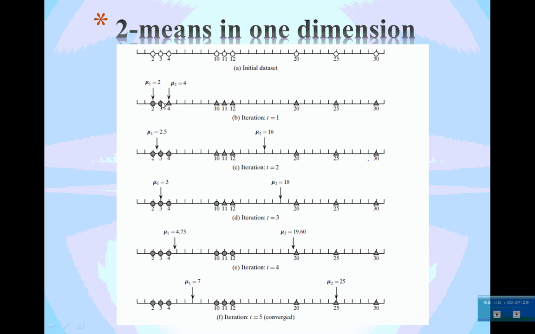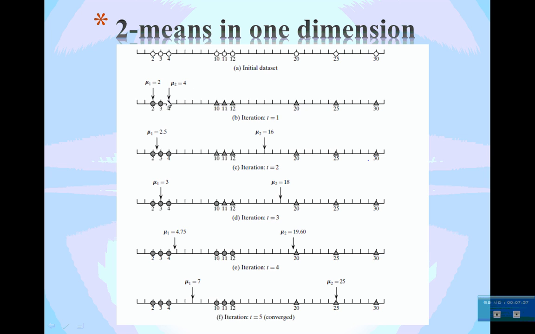We assume this point, 3, is close to the first. Actually, it is the same distance to this one and this one, but we assume this one belongs to this cluster. So these two are in one cluster, and the rest are in the other cluster, because those points are closer to this point.